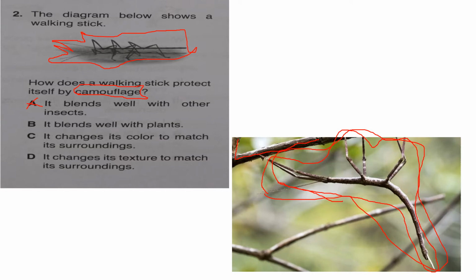As I've said, camouflage is the process of changing its color to match its own environment or surroundings. So the answer here is letter C, because the walking stick changes its color to blend with its surroundings or environment.